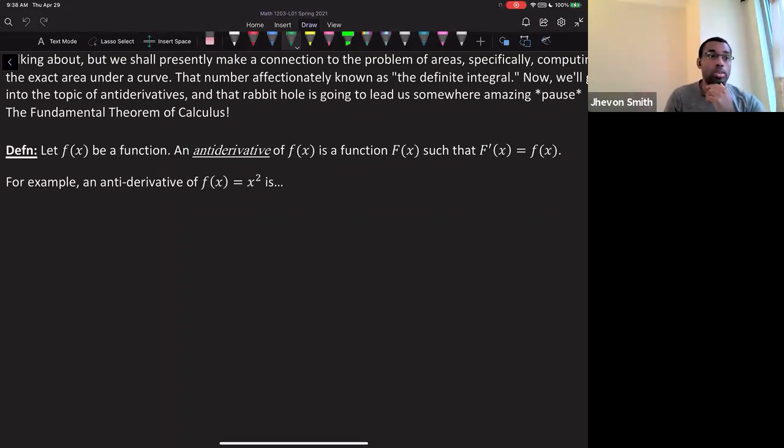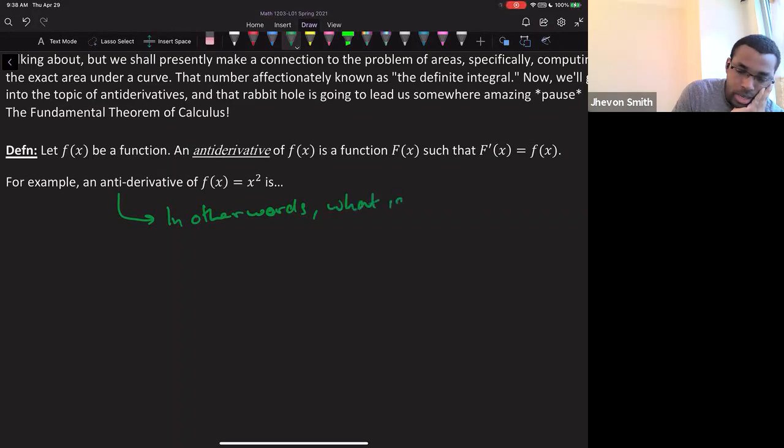So to find the antiderivative of x squared, in other words, what is an f of x so that f prime of x would give me x squared?